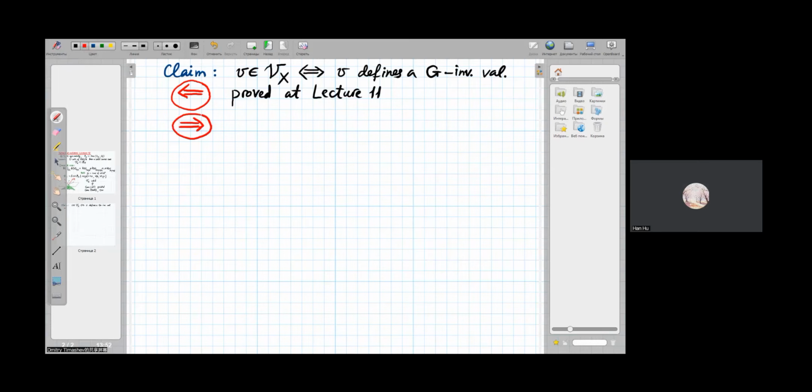But since we know how to recover an invariant valuation from a linear function on the weight lattice, that is, from this vector in the space E_X, there is only one way to define this valuation from this vector v.